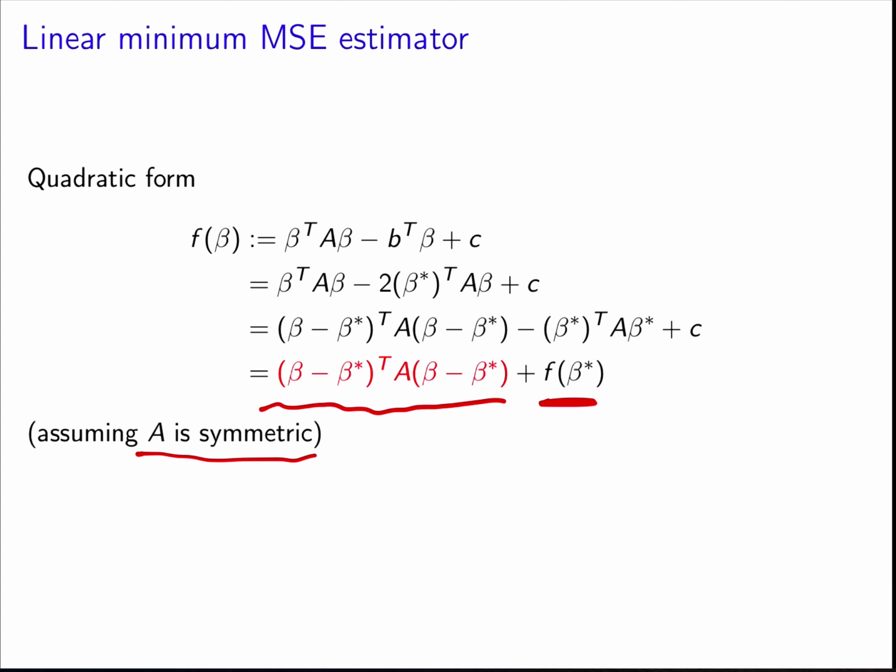So now, for any possible beta that is not equal to beta prime, if this term is positive for any such value, then this must mean that the minimum of this function is this.